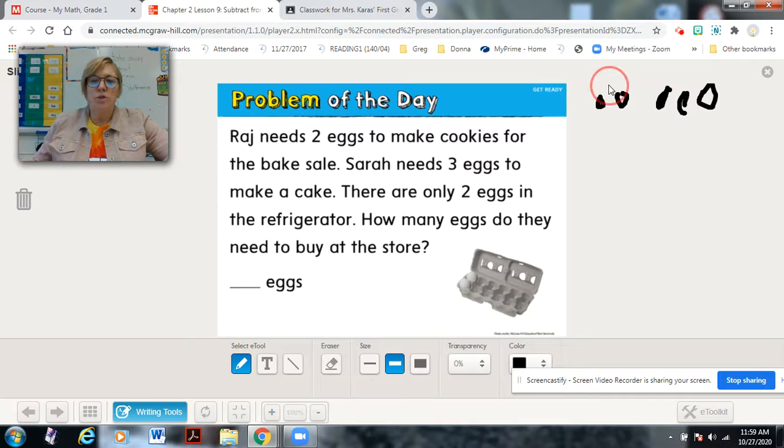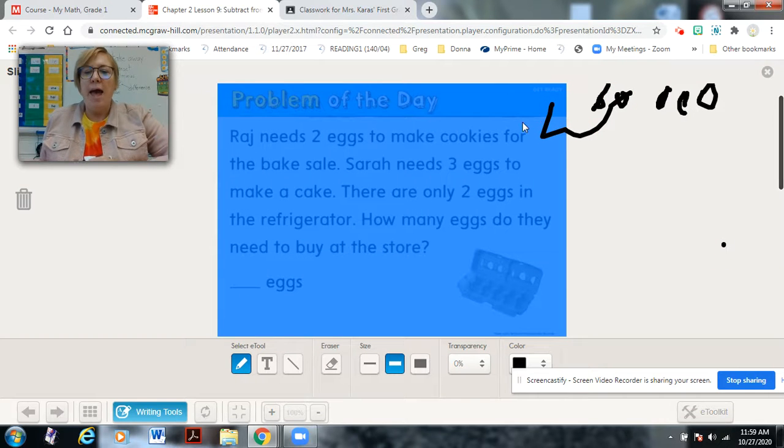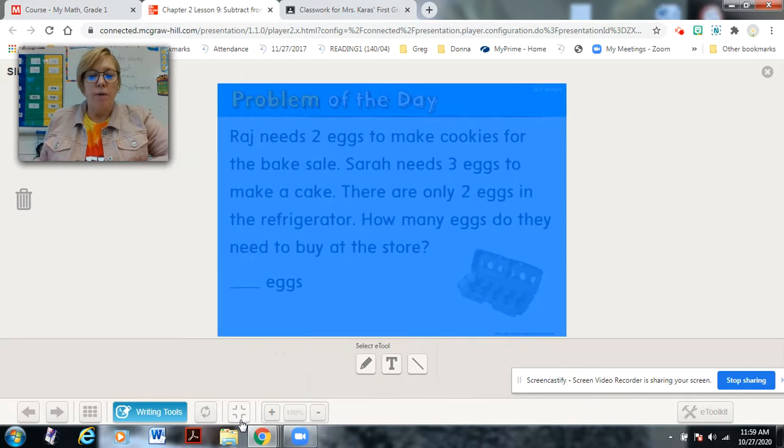So we're just going to X off the 2 that are already in the refrigerator. Okay. How many eggs do we need to buy? 1, 2, 3. Okay, so we need to buy 3 eggs.